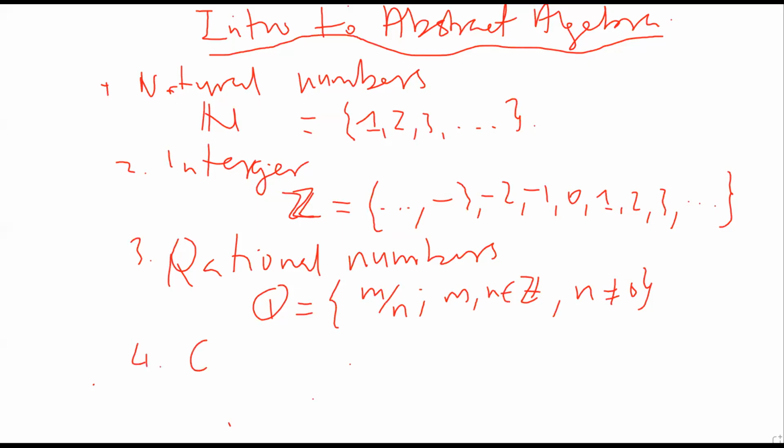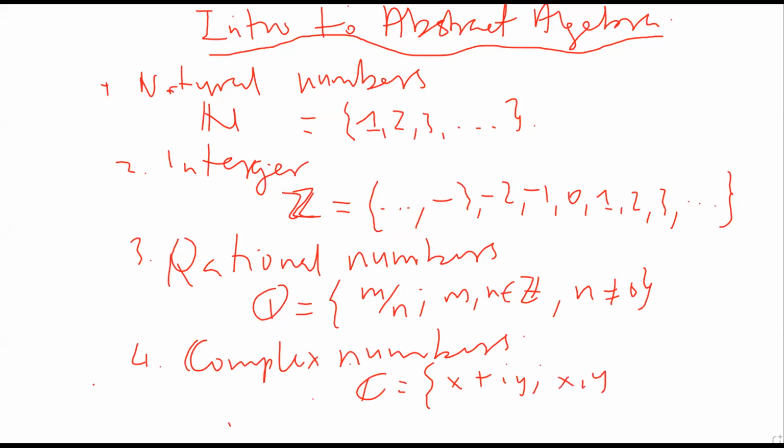Then last week again, you learned about complex numbers, something like x plus iy, where x and y are real numbers, and i squared is equal to minus 1. You learned a lot about complex and rational numbers.